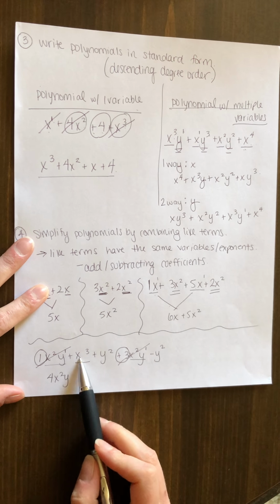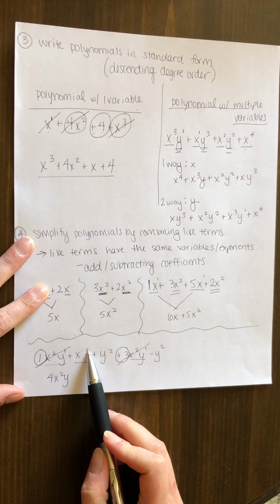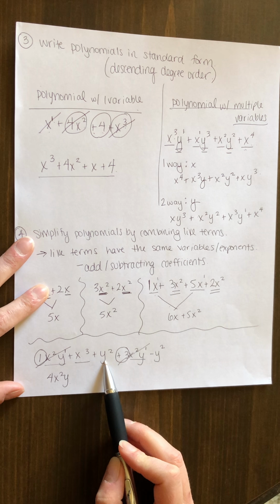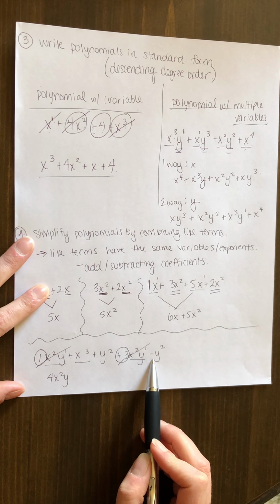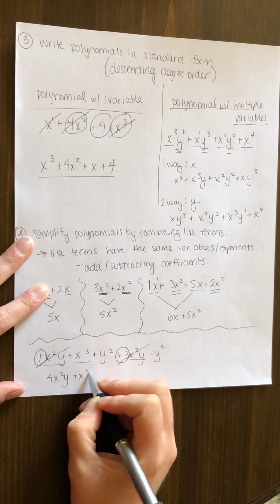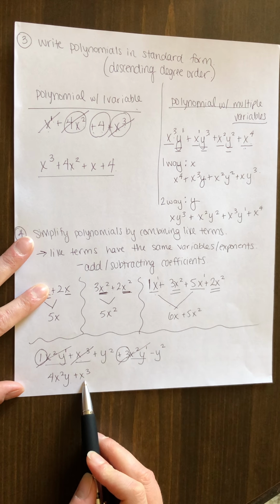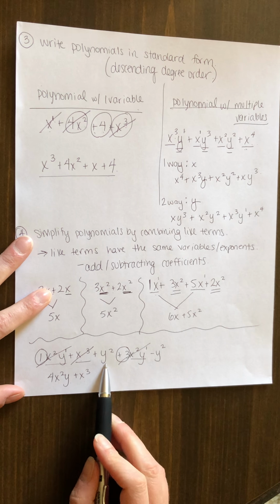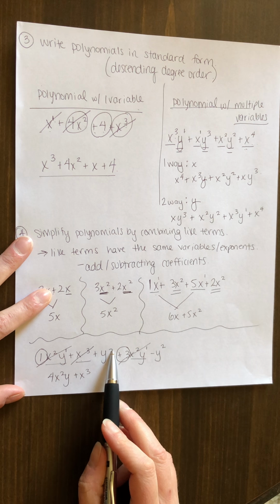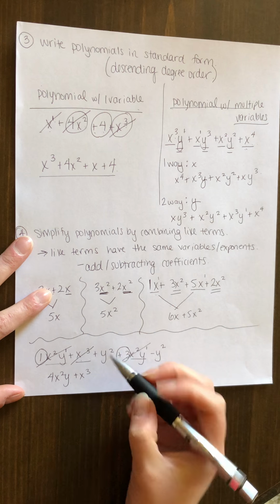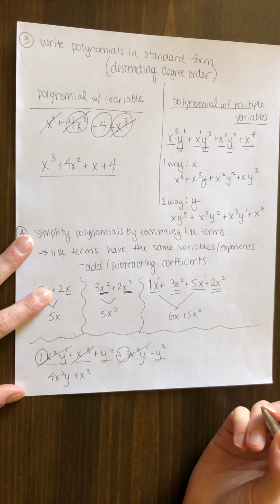The next term is x cubed. So do I have any like terms with the x cubed? Well, this is y squared. No. This is negative y squared. No. So I'm going to copy it down, but I couldn't combine it with anything. And then lastly, I have y squared minus y squared. So same variable, same exponent.